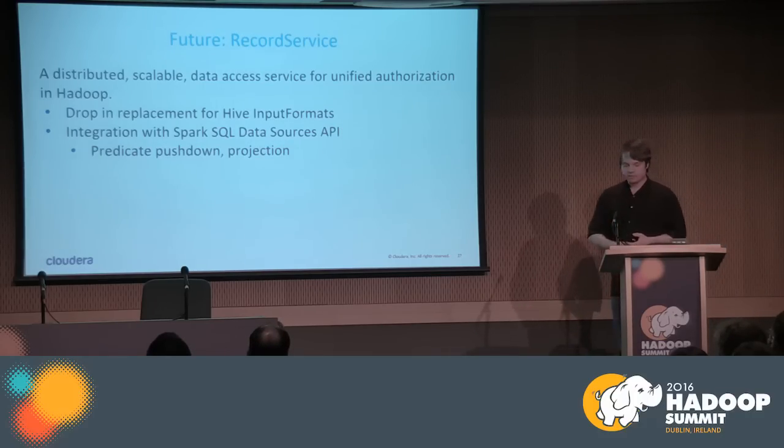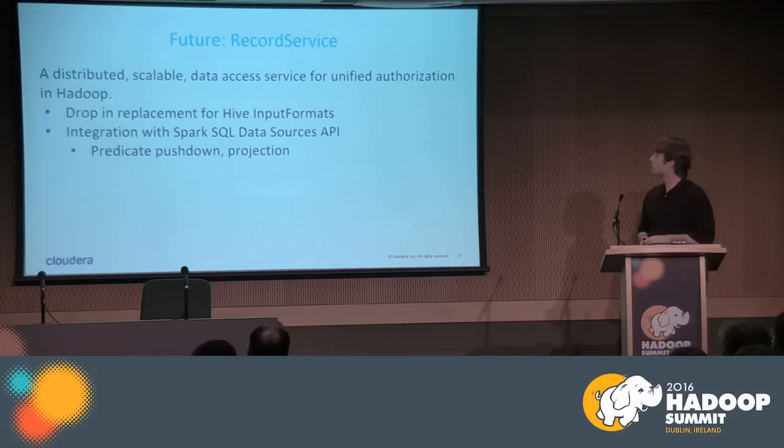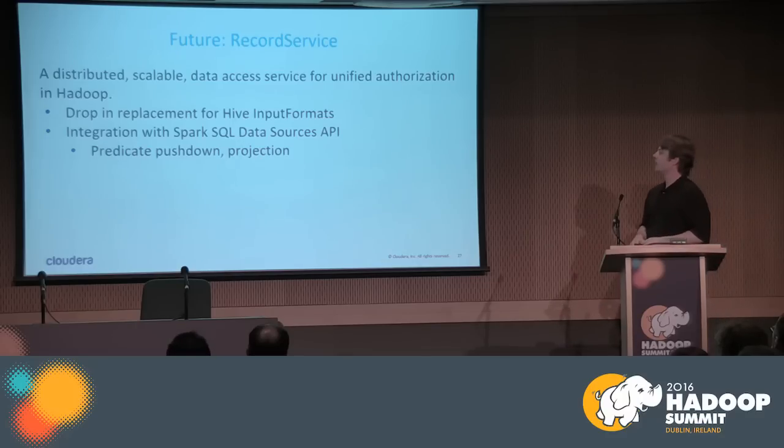So in the future, we at Cloudera believe the way to fix this is to use RecordService. RecordService is a distributed service to access structured data. It follows the same pattern as, for example, HDFS, where you have a central node that knows about where the data is. And it works as a drop-in replacement to Hive input format.